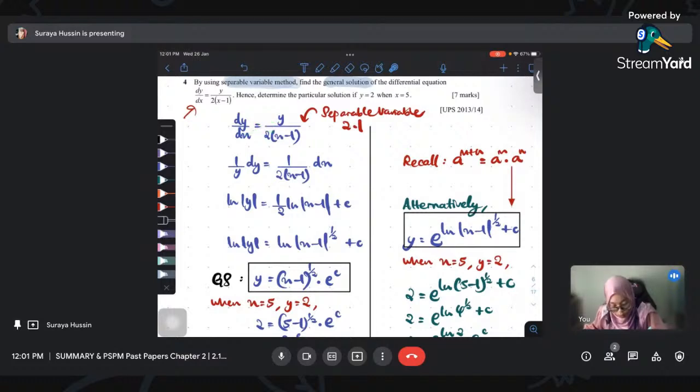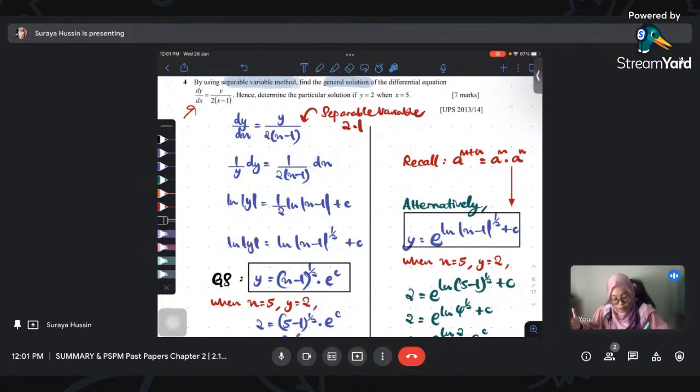So you will get 1 over y dy. So you bring all of the y to the left and you bring all of the x to the right. So you cross multiply, you akan nampak 1 over this dx. Okay, dah pandai separate.